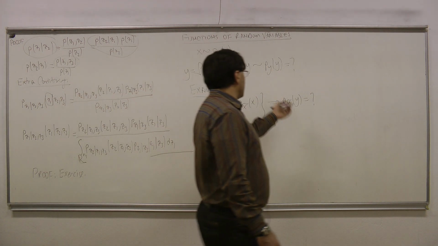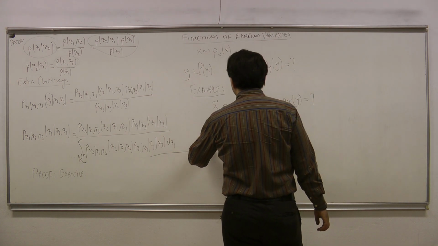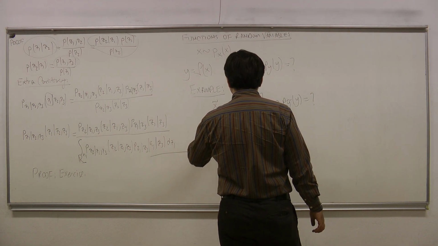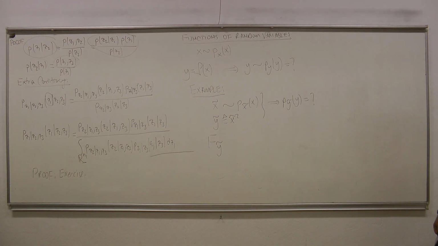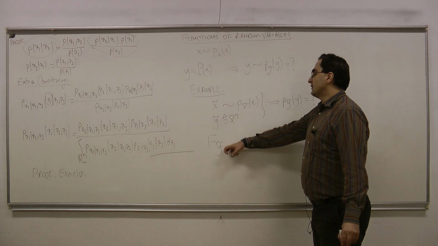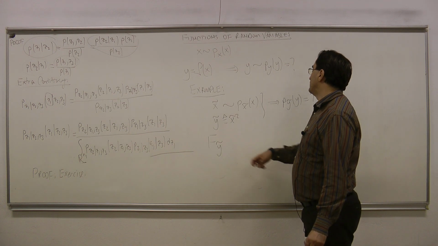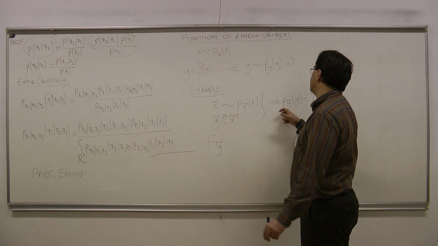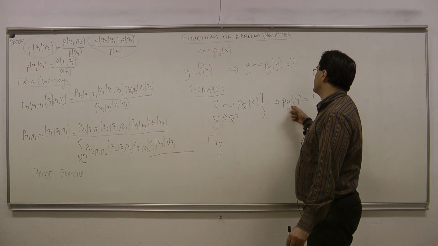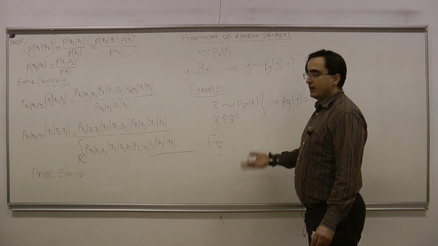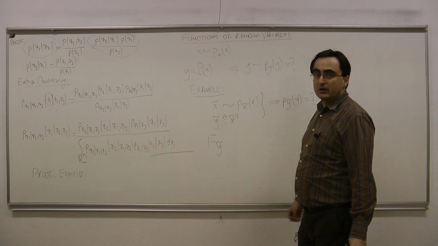In general, this type of calculation can be done by first calculating the cumulative distribution function of the random variable y tilde. If I can calculate the cumulative distribution function of y tilde, then by taking the derivative of this cumulative distribution function with respect to y, I would get the density function.